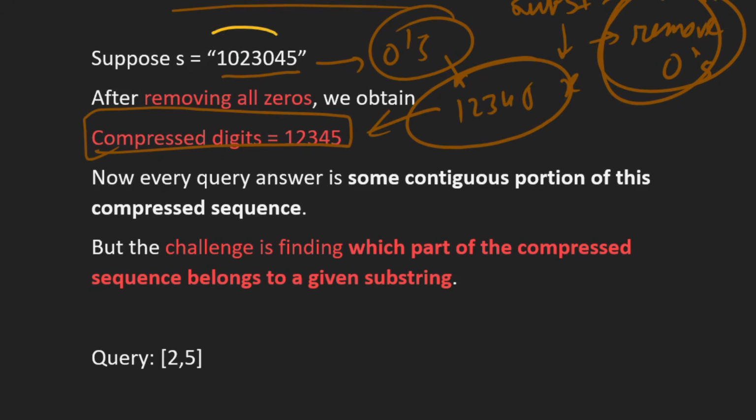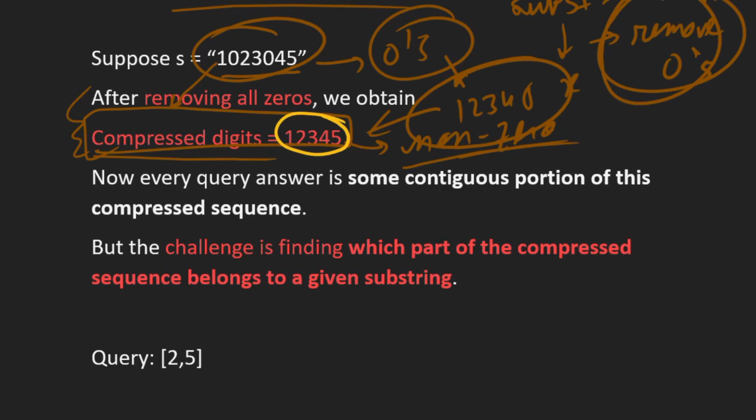Once we remove all the zeros from our original string, we get a new string containing only non-zero digits. Now, every query's answer should be made up of these digits, or some part of this string.